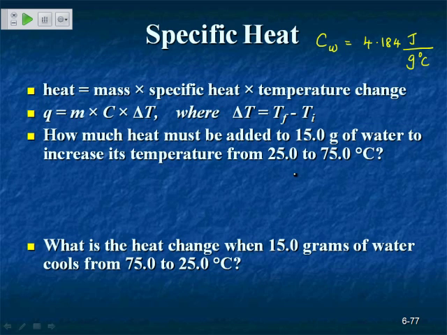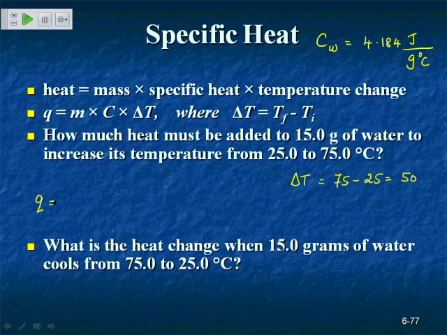First of all, what is delta T? Read the question. Delta T is T final minus T initial. What is the final temperature here? 75 minus 25. So it is 50, which is a positive 50. Now we can substitute everything into our equation.